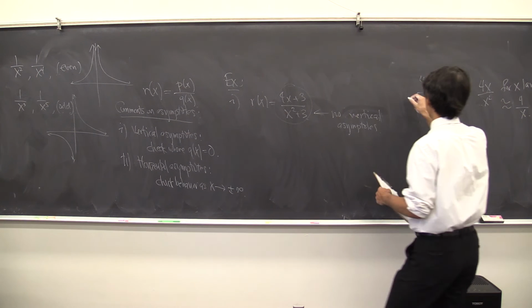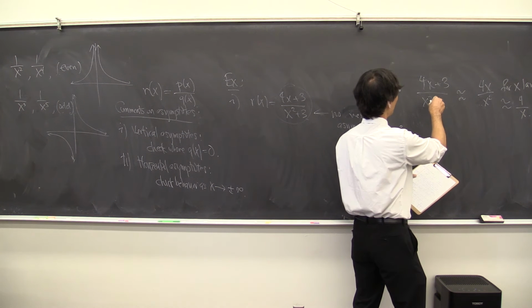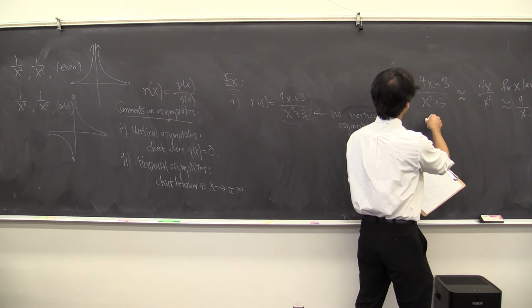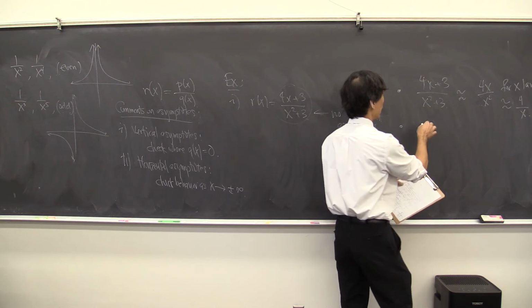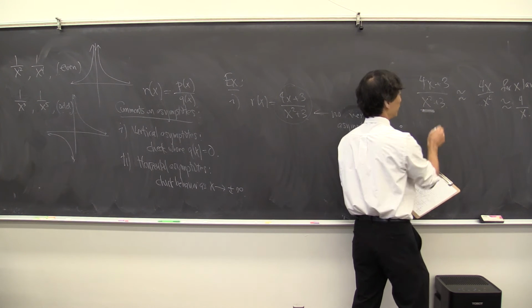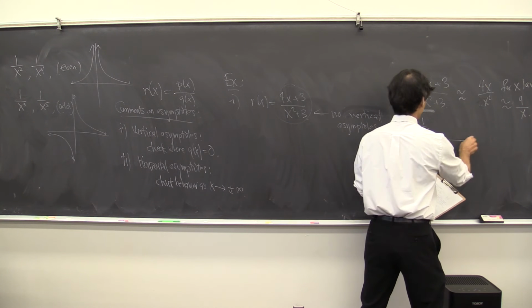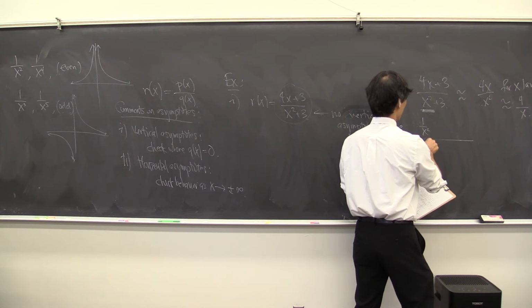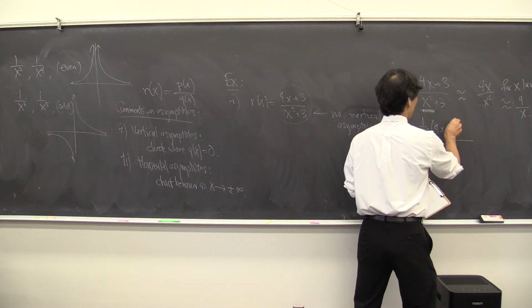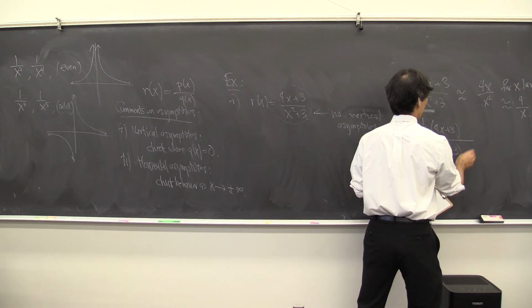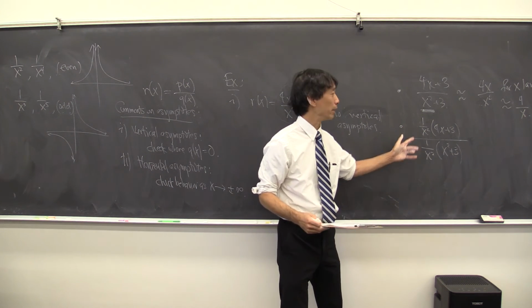Another, more pedantic way of thinking about it is that I'm going to factor out an x squared from the top and the bottom. So I look for the highest power, and I divide the top by that highest power, and I divide the bottom by that highest power. I get 4x plus 3 and x squared plus 3, divided by x squared.